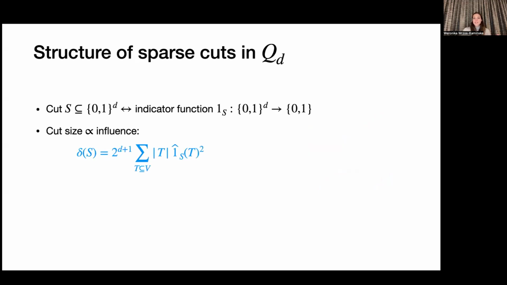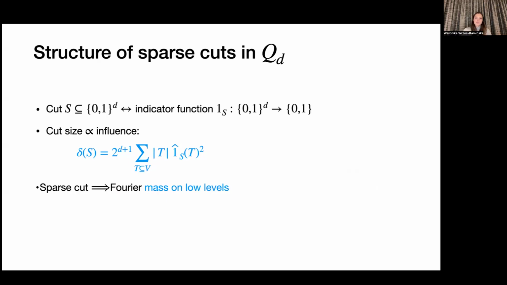In particular, I can express the cut size in terms of the Fourier coefficients of the indicator. And note that the higher level Fourier coefficients are penalized at a higher rate in this expression. So this means that if I have a sparse cut, then it has to place most of its Fourier mass on the lower coefficients. More concretely, we can show that if a cut is sparse, then it places almost all of its Fourier mass on the bottom two levels, the 0th level and the 1st level.